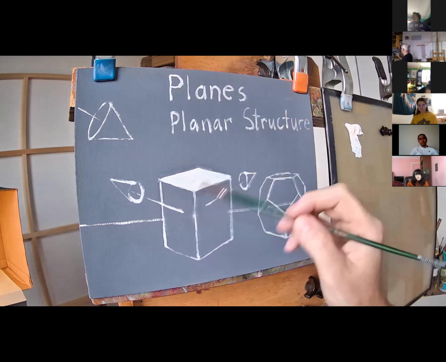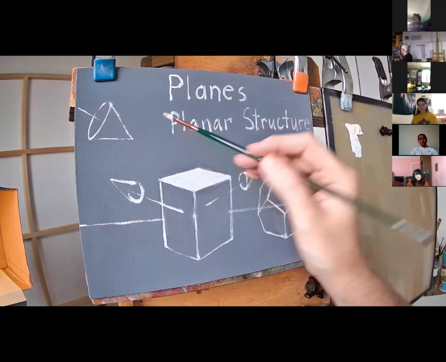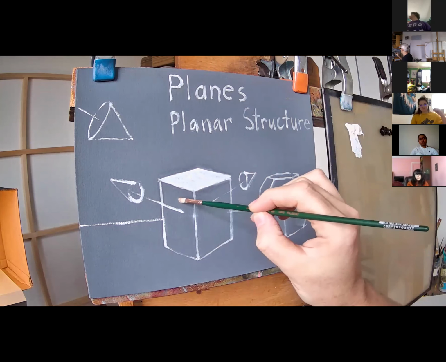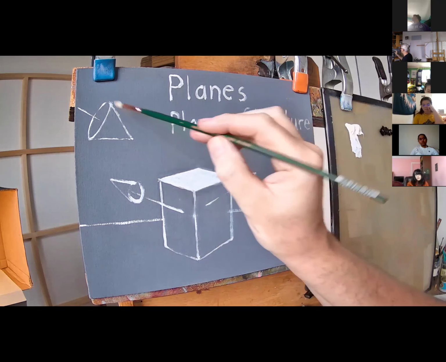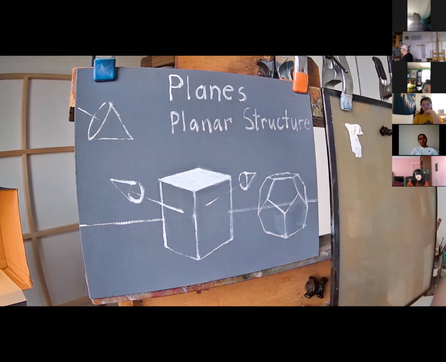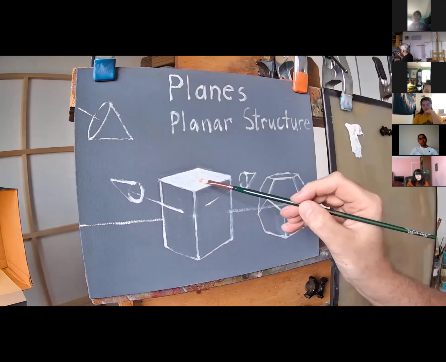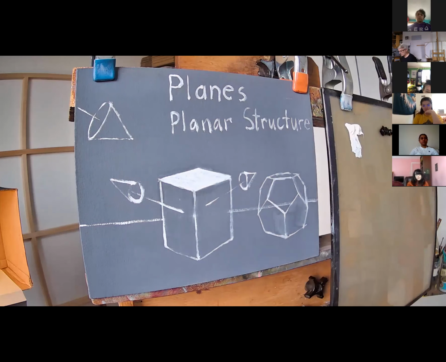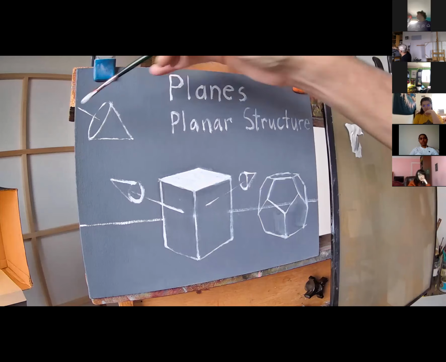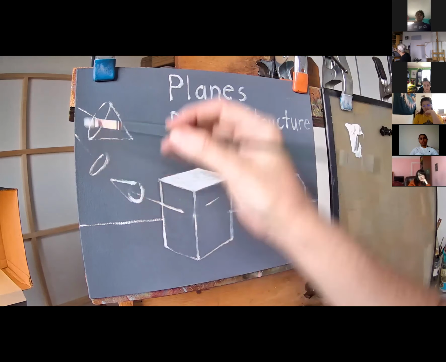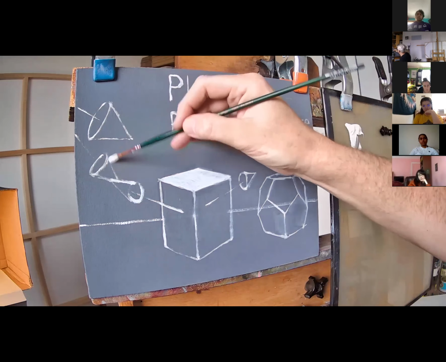Now, I think my drawing is maybe not as clear as it could be in this regard, but I think that this plane is still facing the light source. Let's see. No, actually, I think given the light source, so we have light coming from the upper left, and the rays of light would come like this as they emanate off of the light source.